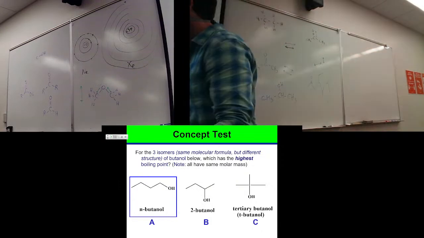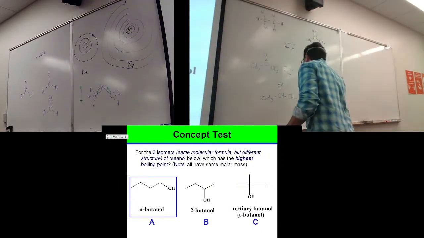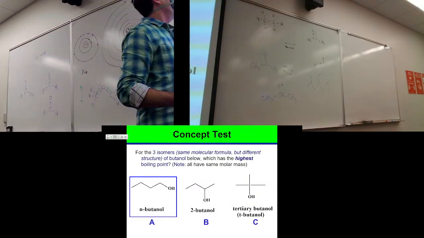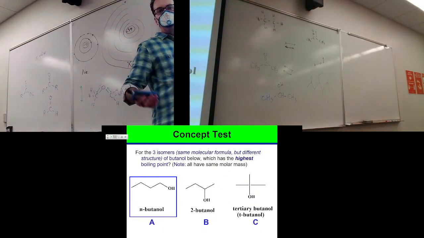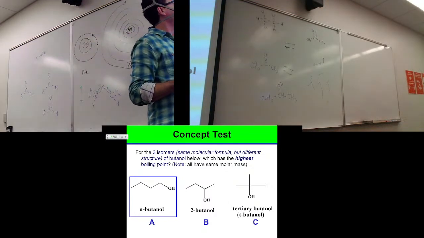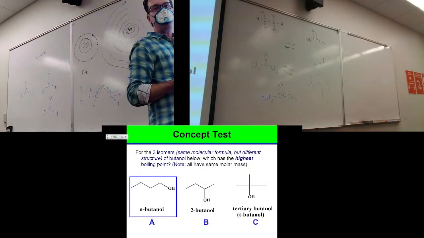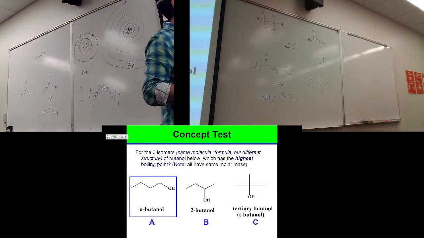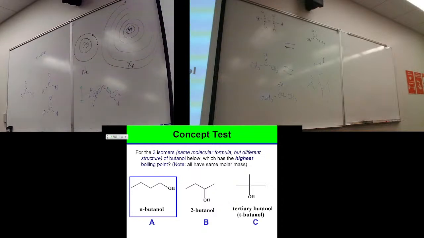So the way I would approach this in the future is if you start seeing some weird shapes you just can't process, if you see a functional group, that is going to be the place where all of the interactions happen. Look at the carbon connected to it and then just count how many other carbons are connected to that. So this carbon has one other carbon connected to it. Here's the OH. This is the carbon it's connected to.